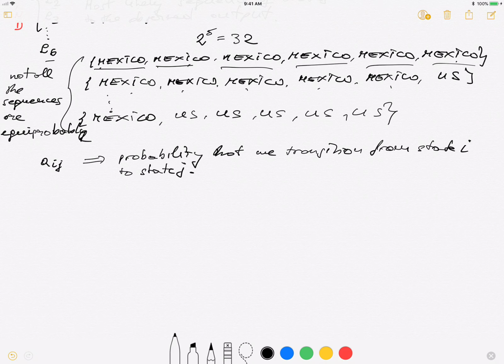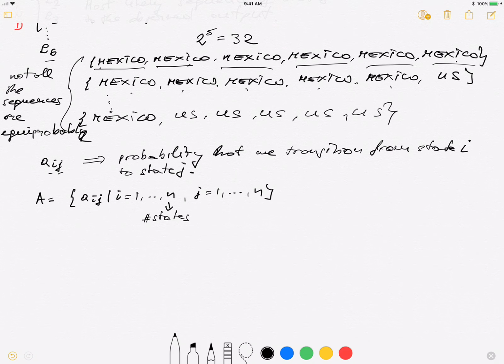Due to this notation i and j, you can envision that there is a matrix A, or we can say set A, consisting of all possible elements i and j. i goes from 1 to n, where n is the total number of states, and j also goes from 1 to n.